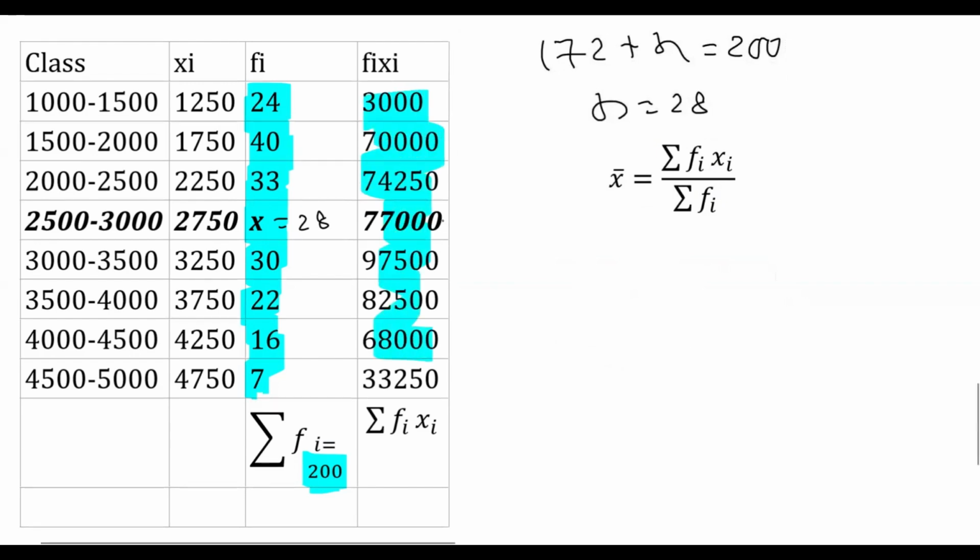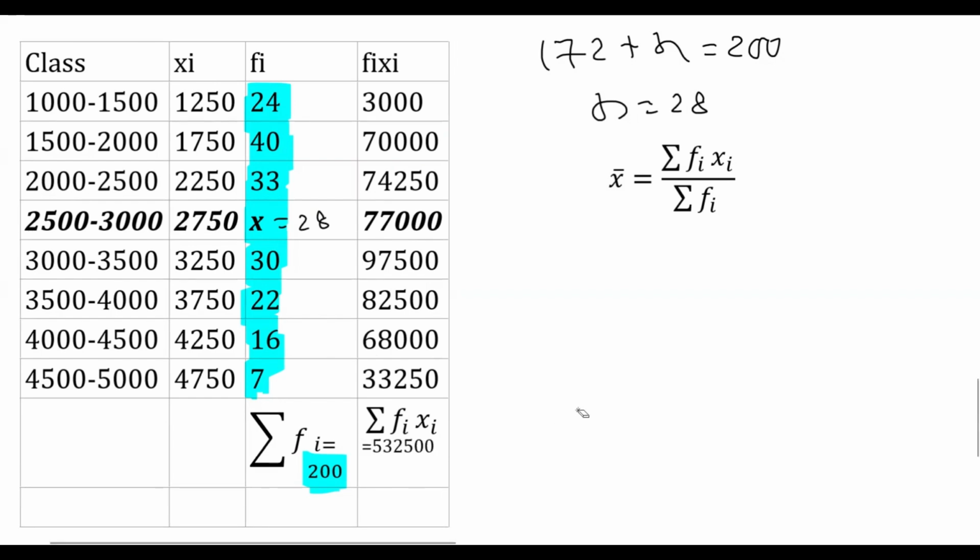So on adding these columns, I'm getting 532500. This is what I got.